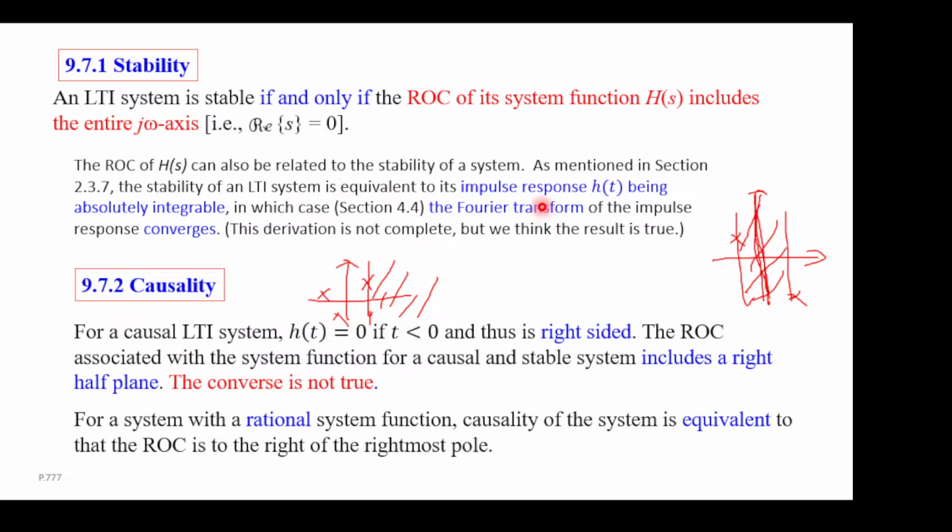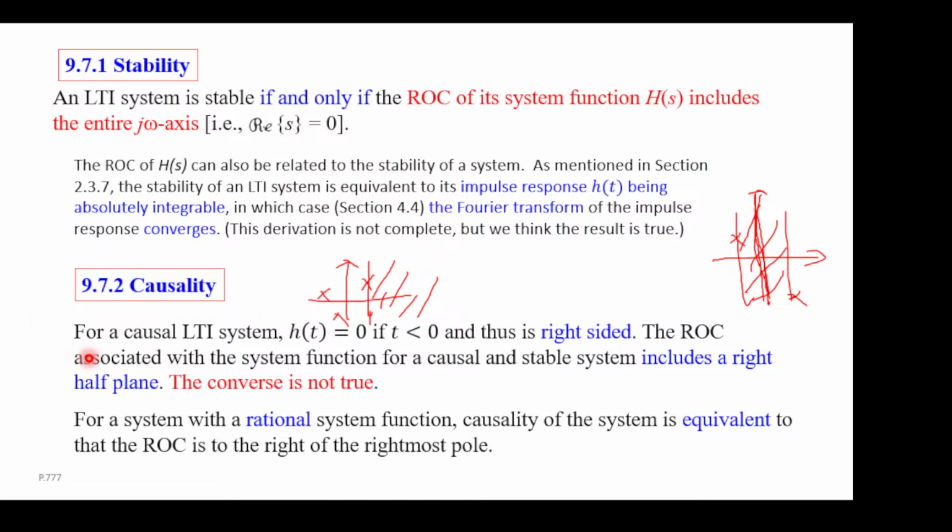Big H being absolutely integrable means the Fourier transform converging, and the Fourier transform converging here means the ROC contains the axis. That is something we claimed to be true when we talked about the properties of ROC.